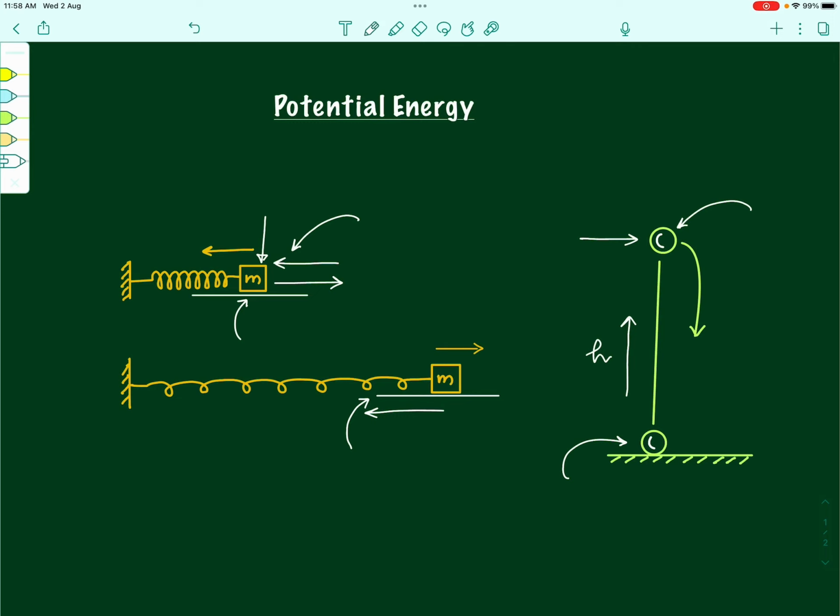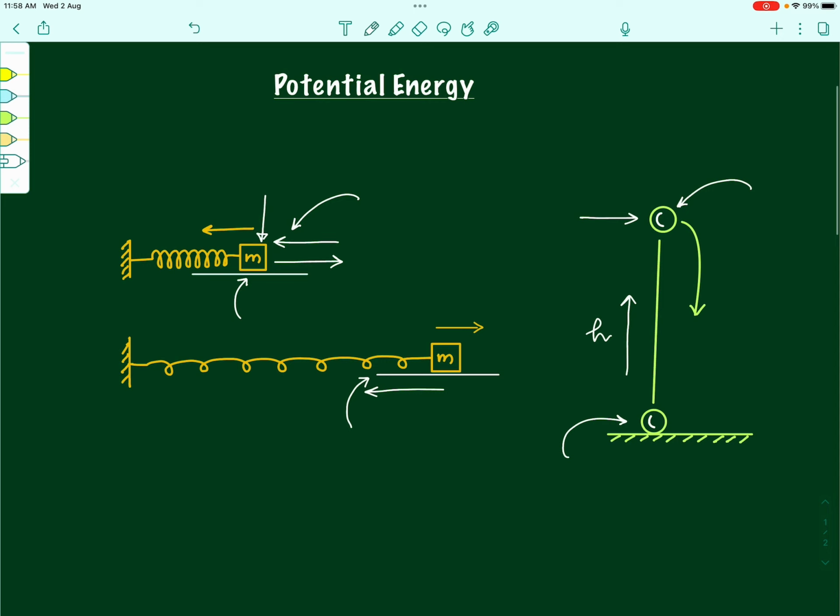Okay. So, potential energy then we say is the energy that is possessed by a body or a system of bodies due to their configuration or position. Body being in a certain position can possess a potential energy, or if a system is in a certain configuration.